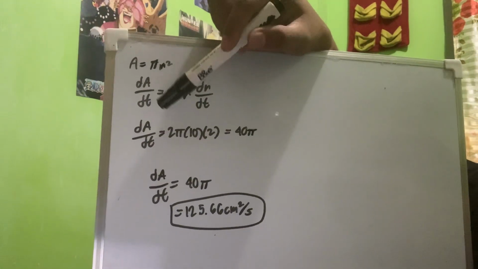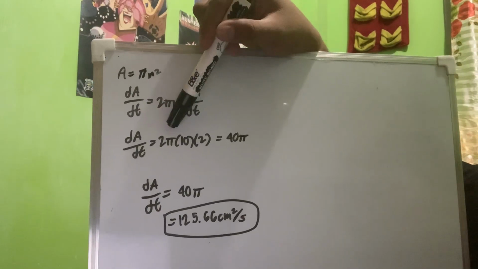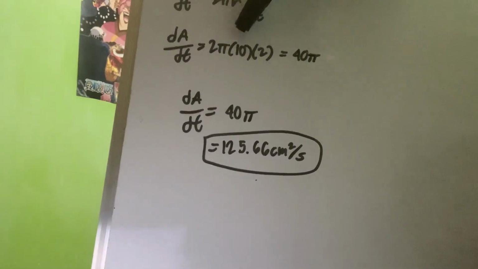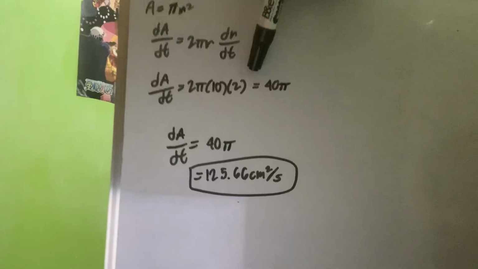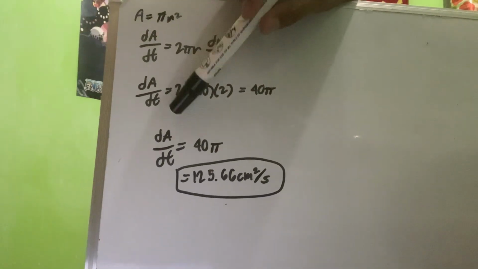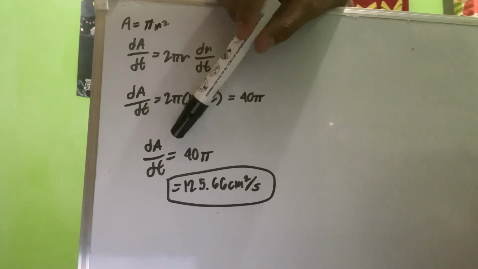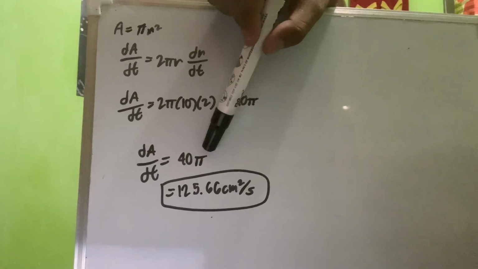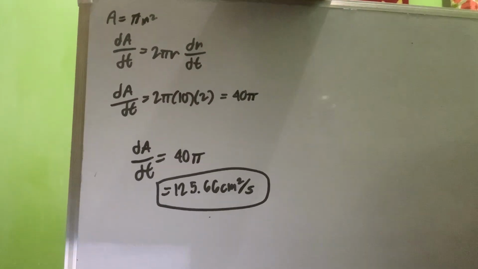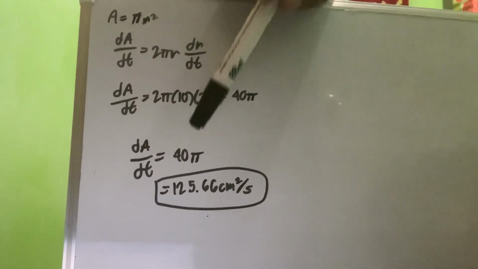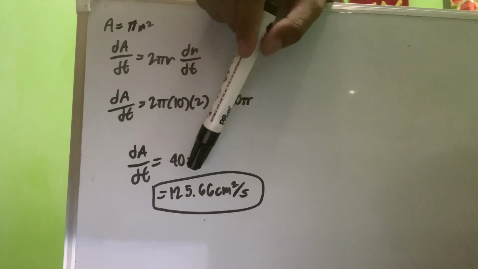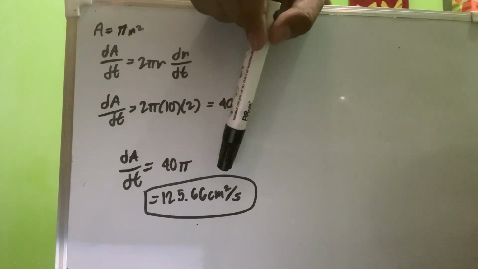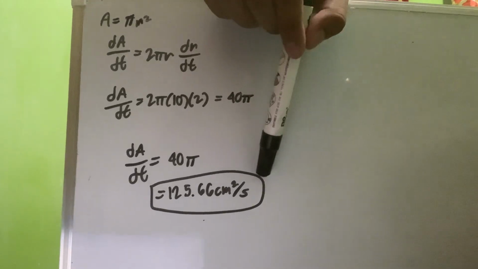So dA over dt equals 2 pi times 10 times 2 equals 40 pi. So dA over dt equals 40 pi. So the answer of problem number 15 is 125.66 square centimeters per second.